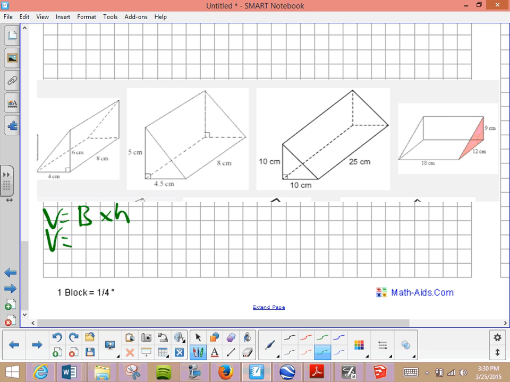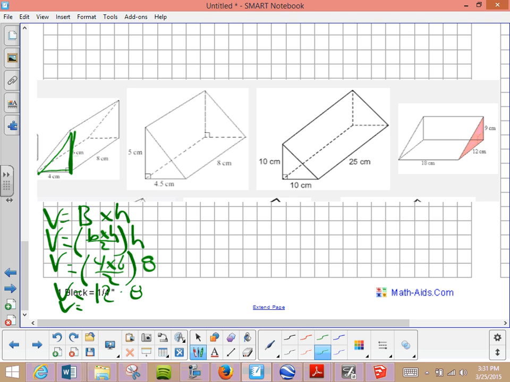And I want you to draw this. To find the area of the base, there's a formula, right? Base times height divided by 2 and then times the height. So base is 4 times the height of 6, right? Always highlight the base like it's over there so you know what you're working with. And then times 8, right? So 4 times 6, 24 divided by 2, 12. What is 12 times 8? 96 centimeters cubed, right? That's the first one.